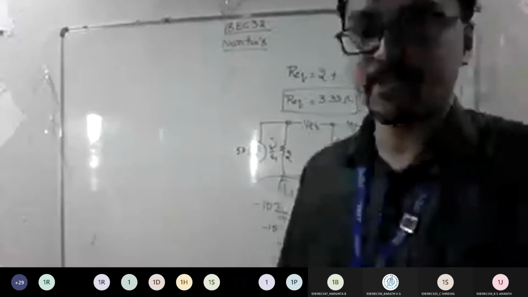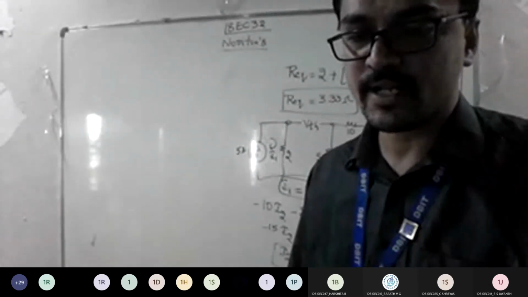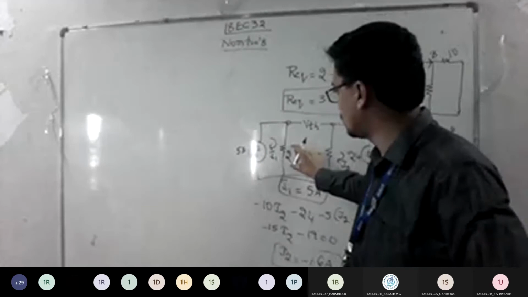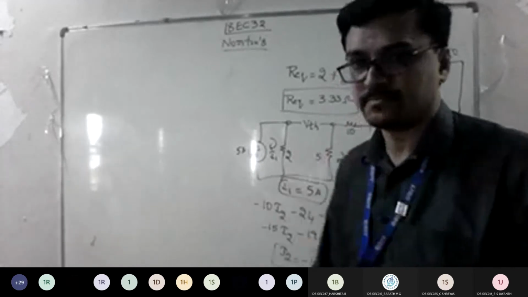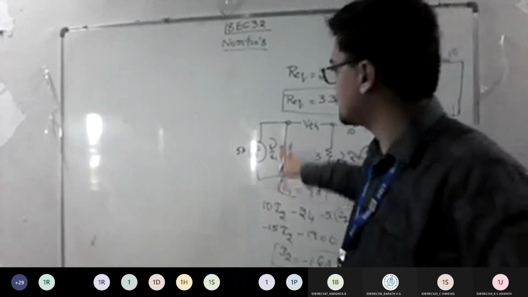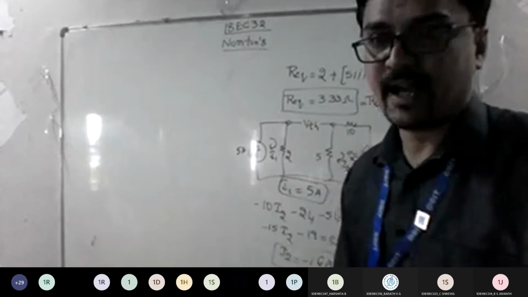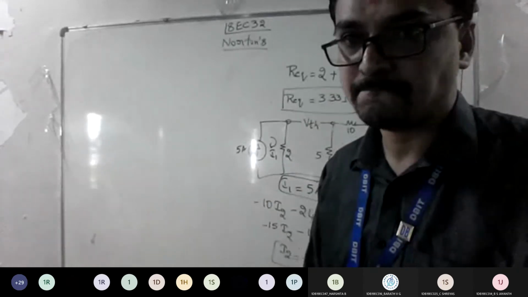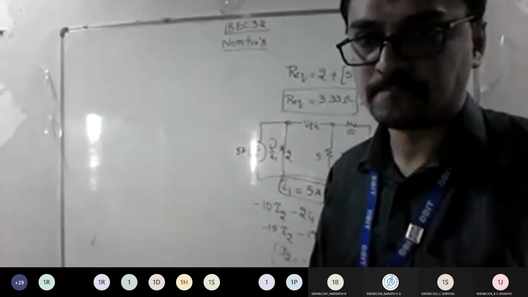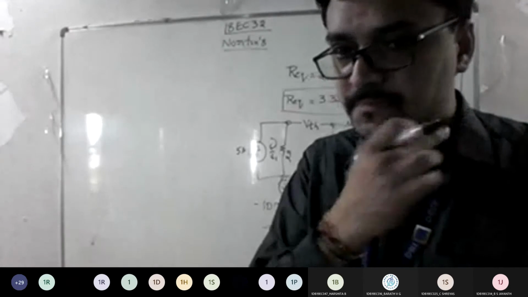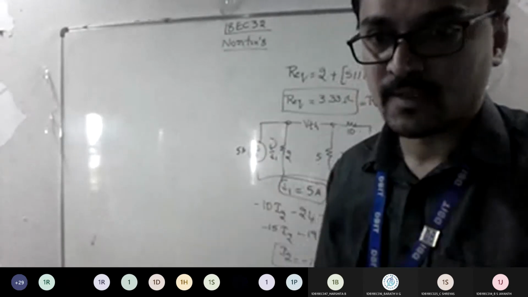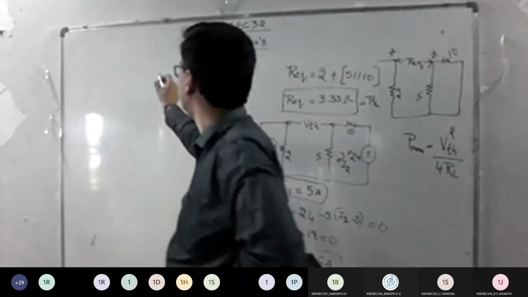How to find VTH, I told you. You need to find the voltage across this 2 ohm and the voltage across this 5 ohm. Then you'll get these node voltages. Then you can get the answer. Am I correct? Everyone, tell me what is VTH now?